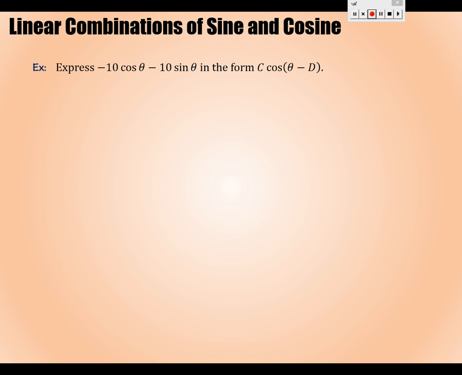Some people are having some algebraic struggles with even finding C. Plus 45.